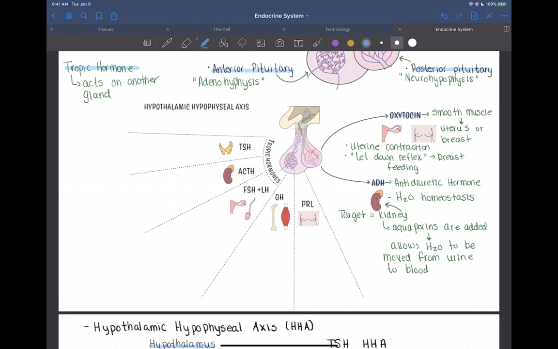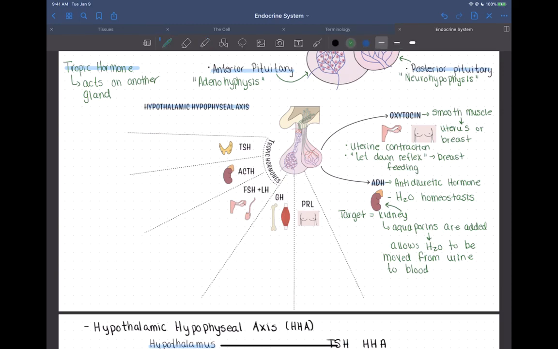And then in the next video, we'll pick up where we left off with growth hormone and prolactin. And then we'll move on to some other endocrine organs. Okay, so with tropic hormones, they are typically going to act through something called the hypothalamic hypophyseal axis. All right, so you're going to need to understand that.